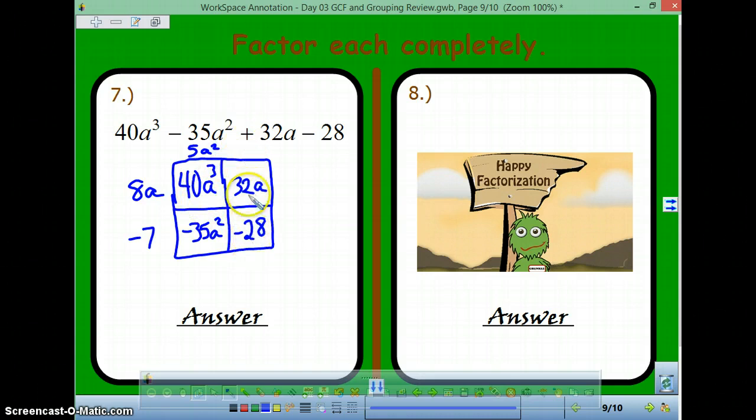Going up, let's see, the greatest common factor of 32 and 28. I know 4 goes into both. Okay. This is positive, so this is positive. We don't worry about the negatives that are far away.